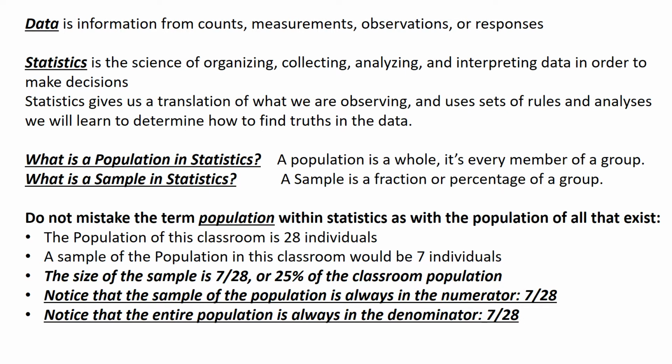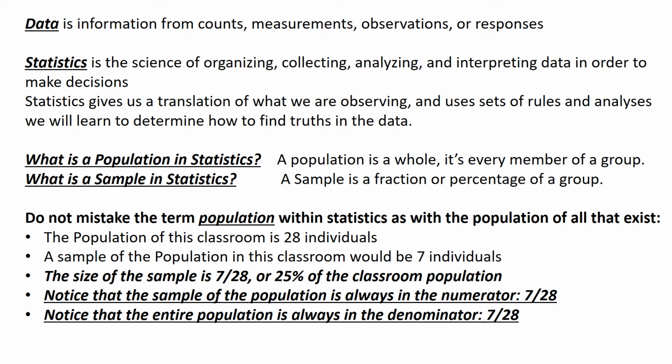Statistics gives us translation of what we're observing. We use rules and methodologies to determine if these patterns make sense, if we can make further judgment of these patterns, and if these patterns are an accurate representation of what's going on.